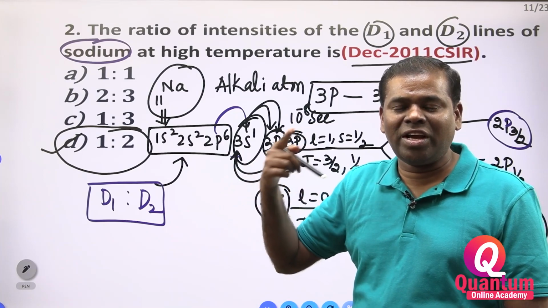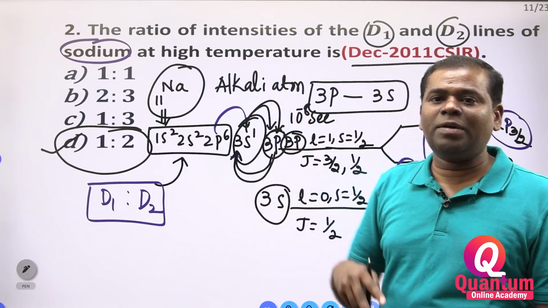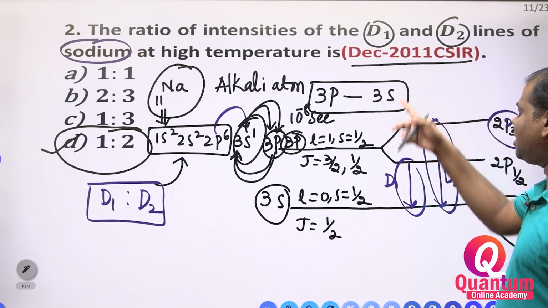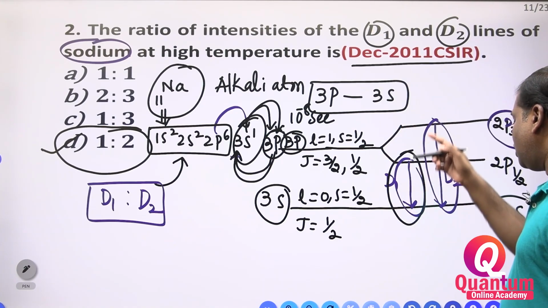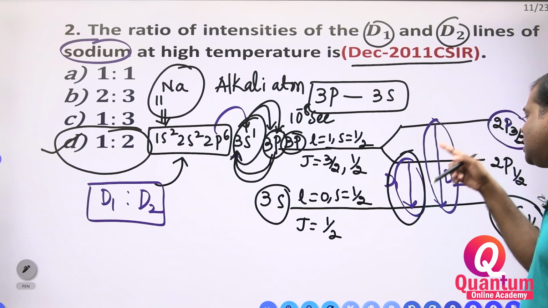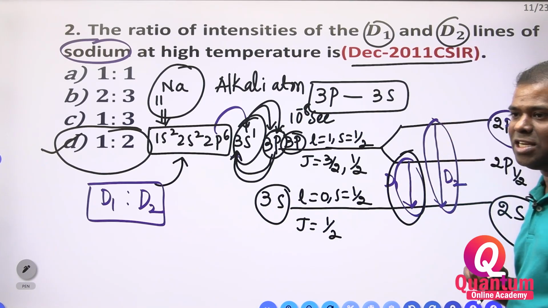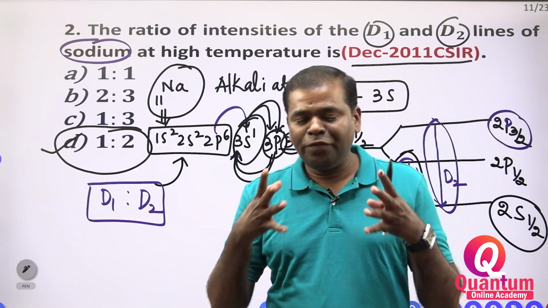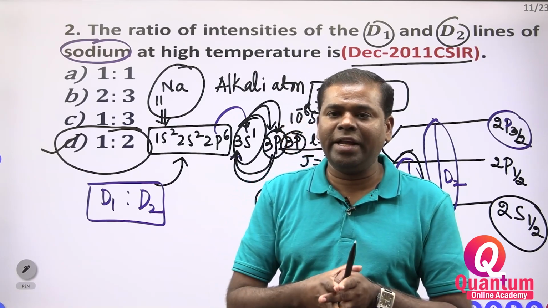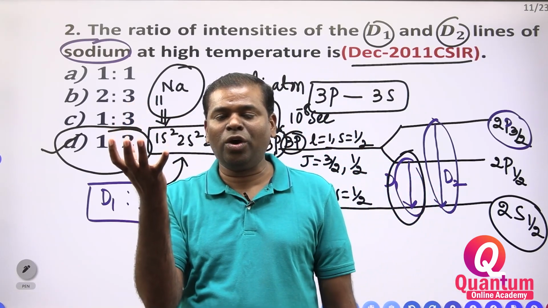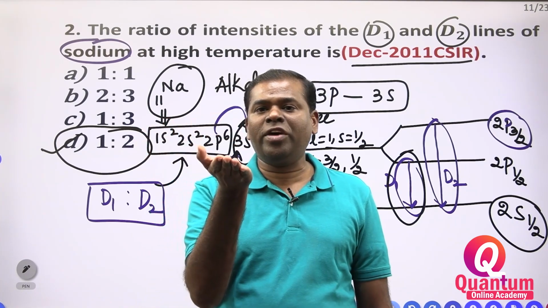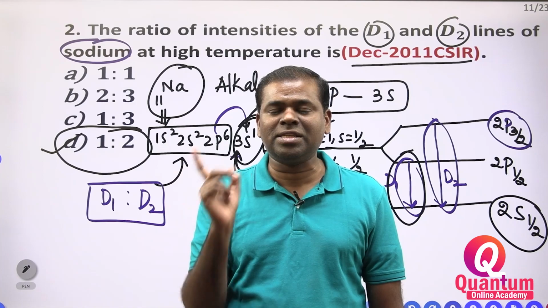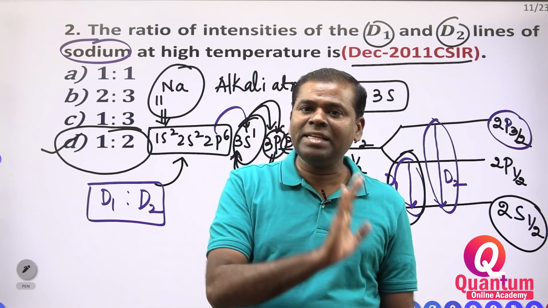Two varieties of transitions are there, which is the fine structure. There are 2 lines: one line is D1 and another is D2. That's why if you take a sodium lamp in your laboratory, there are 2 wavelengths: one is 5890 angstroms and the other is 5896 angstroms.